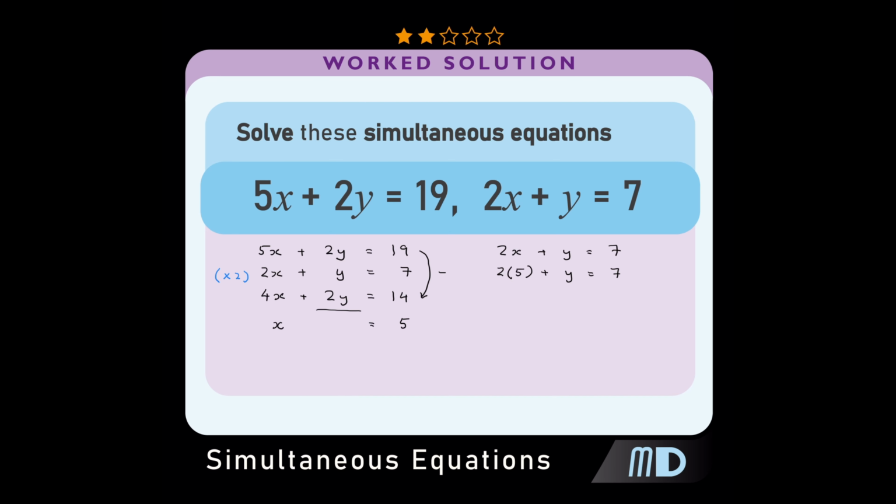So 10 plus y is equal to 7. Then subtracting 10 from each side gives us y equal to 7 minus 10. And 7 minus 10 is minus 3. So y is equal to minus 3.